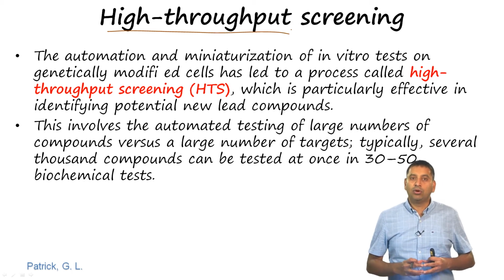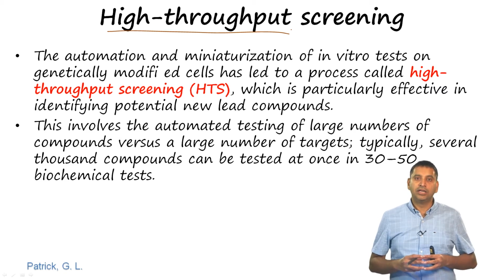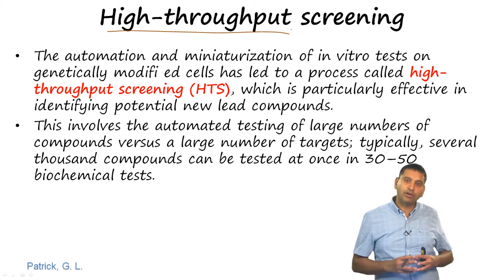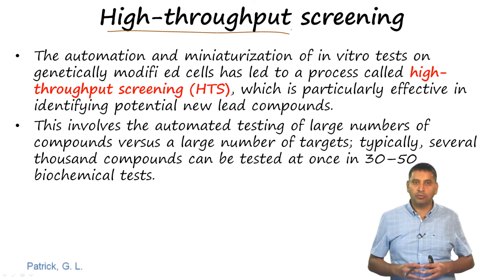What this means is that you can screen a number of compounds in parallel. In the past 2 or 3 decades, there has been a tremendous advancement in automation, and so a lot of these tests are now automated, so you need very minimal manual input.